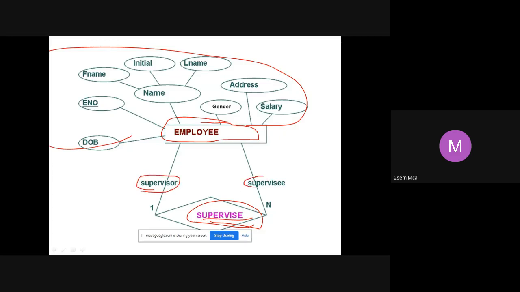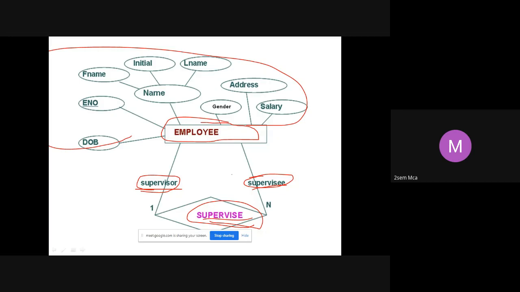He can also be a supervisee. These are called the supervisor and the supervisee. They are called role names. This is where specifying the role name becomes very important. Only in case of recursive relationship, we try to specify the role names. Otherwise, generally, we don't specify the role names.